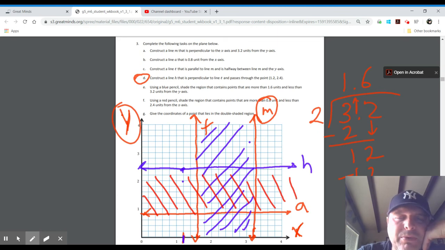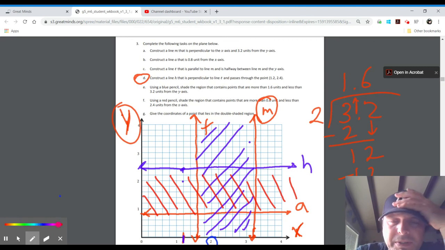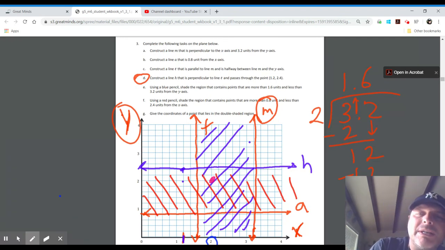So we're going to pick any point in this region, and I'm going to pick the simplest point I possibly can, one with whole numbers. I'm going to go to 2 and follow 2 up until I hit 2. Look at that, 2, 2 right there. That's the easiest point I could probably pick.